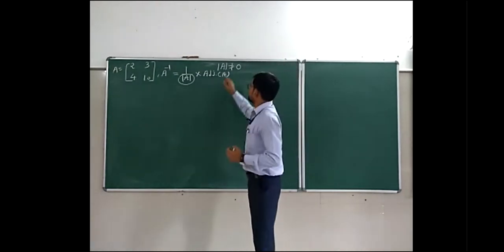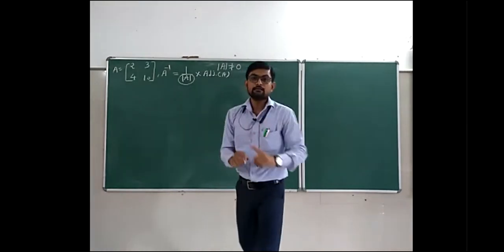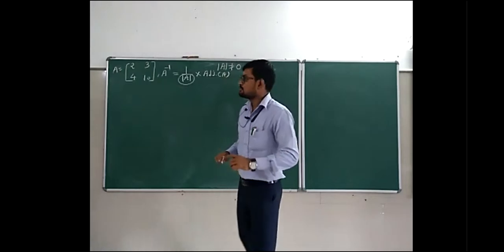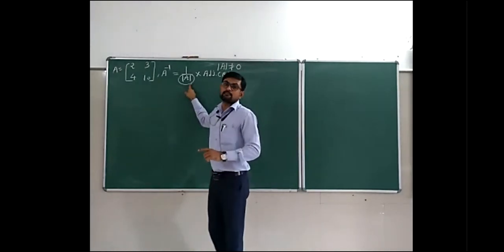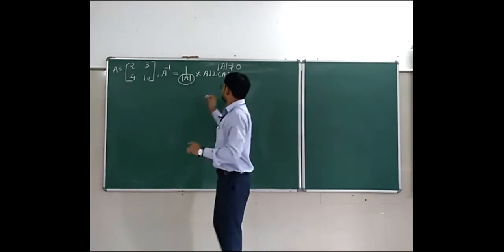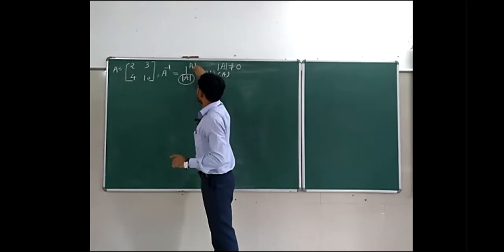And if the determinant of A is 0, then we cannot find the inverse of any matrix. So this condition must be satisfied before finding the inverse or before finding the adjoint.